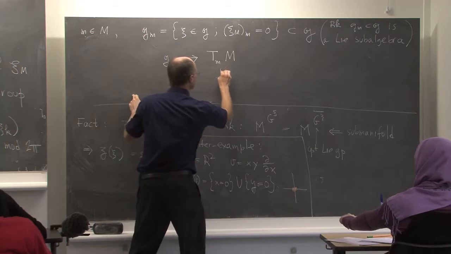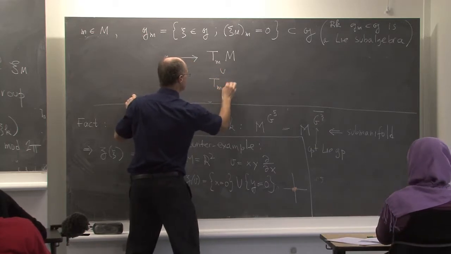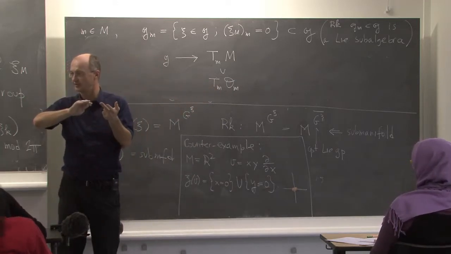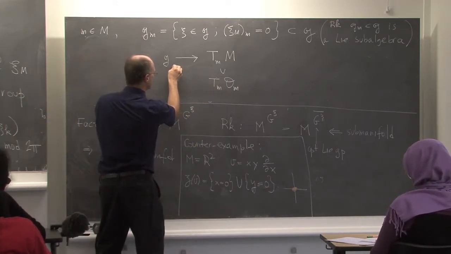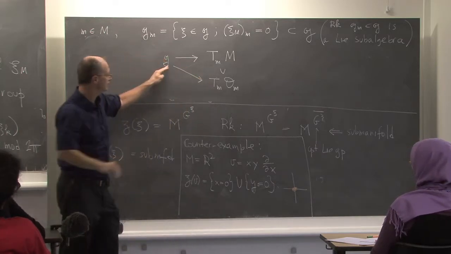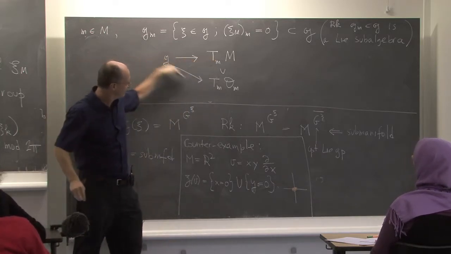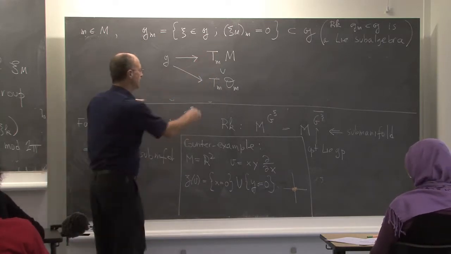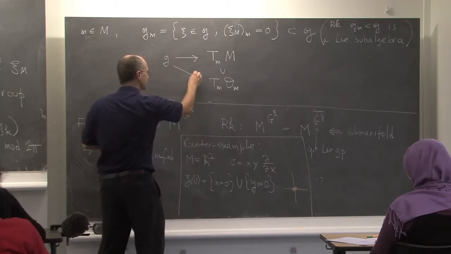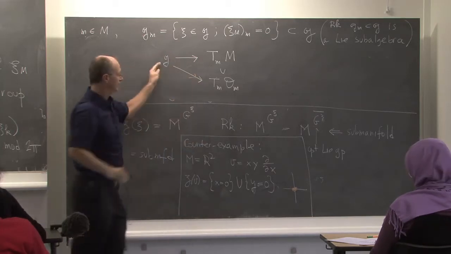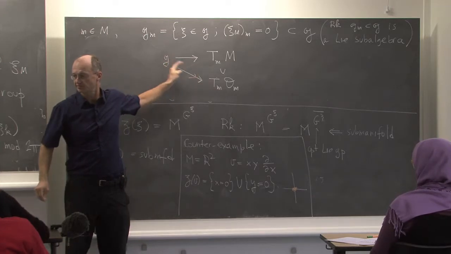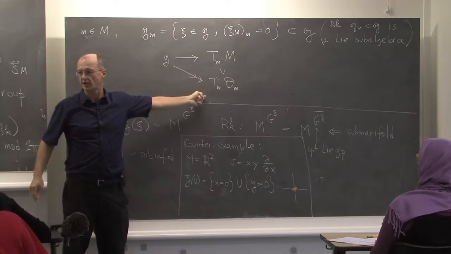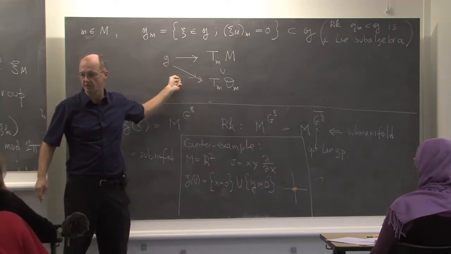In fact, inside this T_M M is sitting the tangent space to the orbit, right? And of course, the map here factors through the map to the orbit. And so the first remark is that this is surjective, right? Because the orbit is by definition what you get by the group action, and so this map has to be surjective.